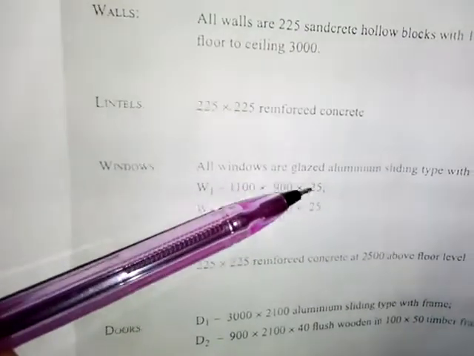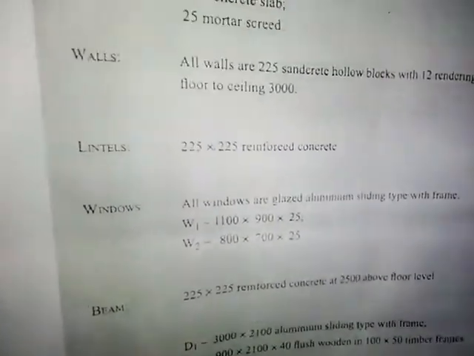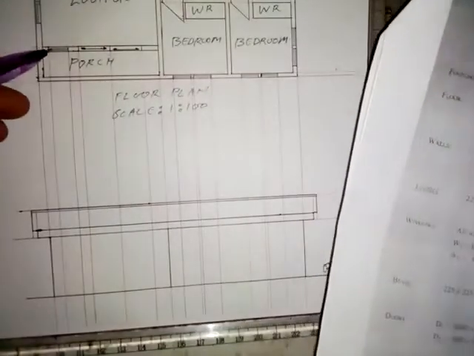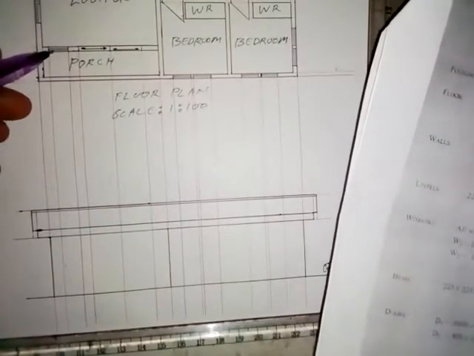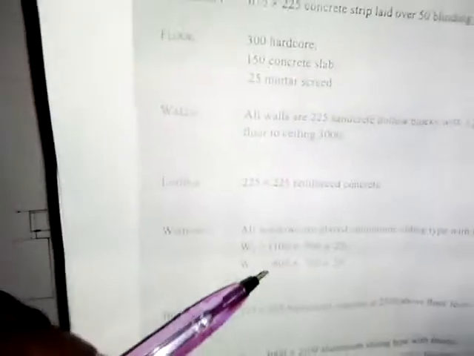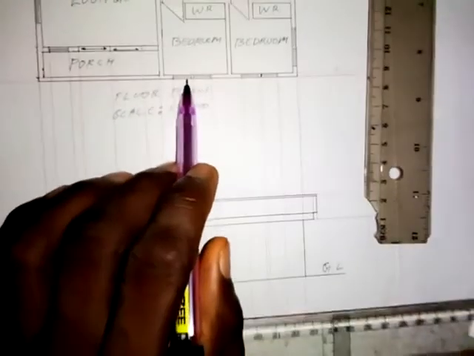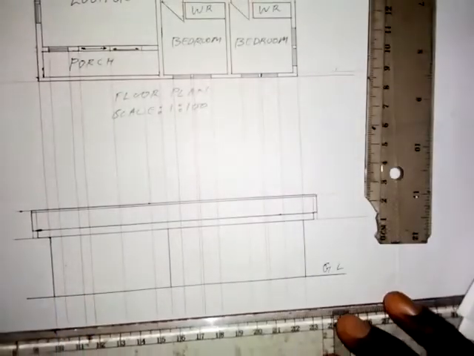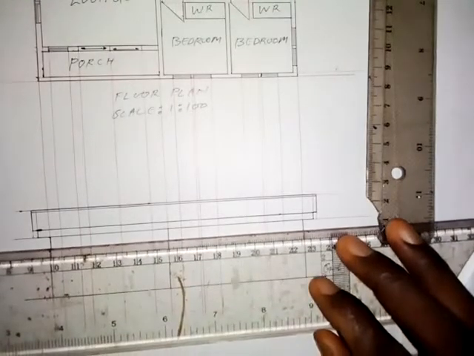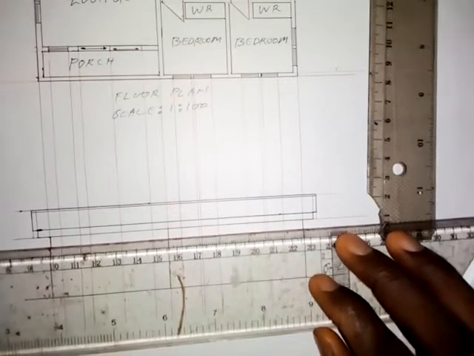So 25 here is the thickness of the windows. So this window that we have here now is W1. The height is 1100, so 1100 by 100 will give us 11. All these windows, these windows and these windows, are all W1. So all I will do is come up a little bit or come down. So this is okay.